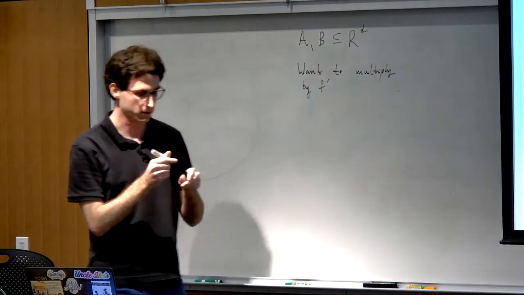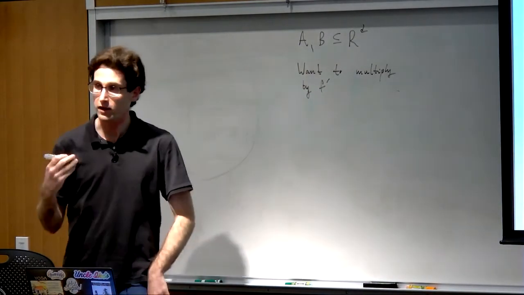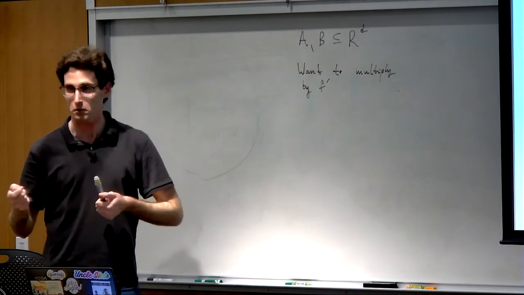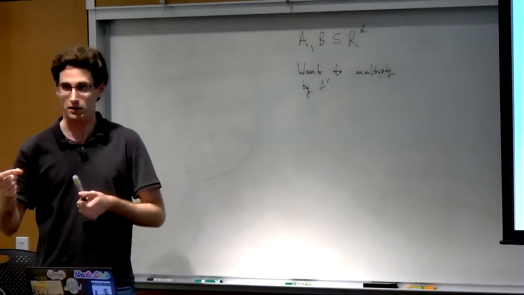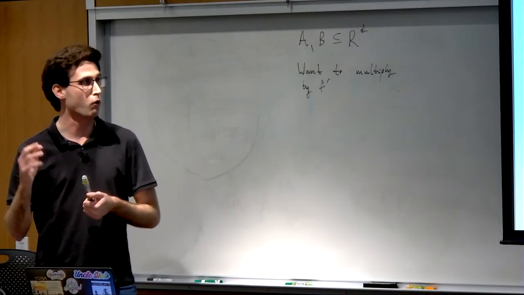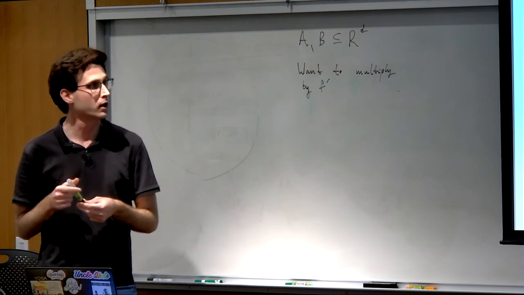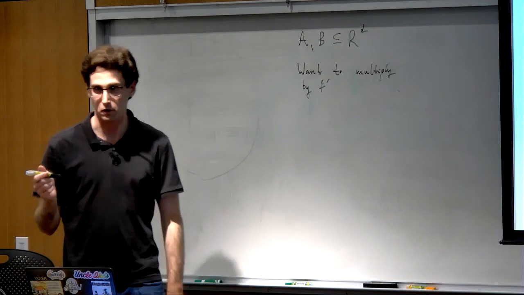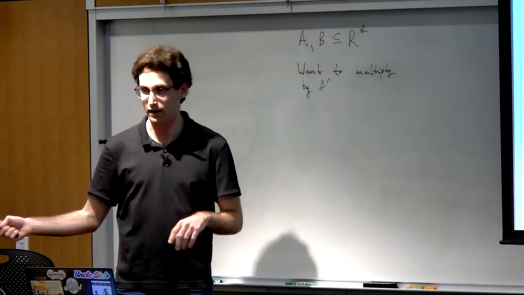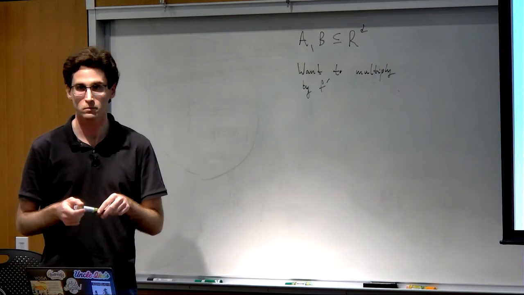Or actually, we'd like to multiply by the kth derivative matrix. If we had an efficient way of multiplying by the kth derivative matrix, we would be done, because the kth derivative of f is 1 over x is proportional to 1 over x to the k plus 1. And if k is equal to log n, then that's a rapidly decaying function, and we've already shown hardness for that function.